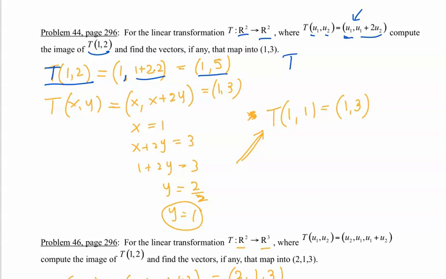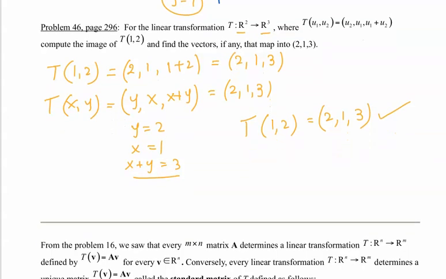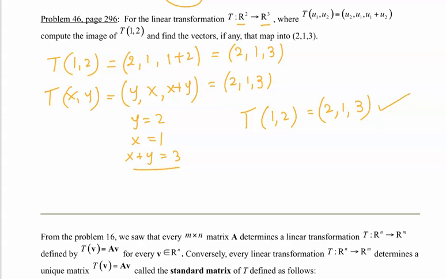Now I need to figure out x, y when the output is (1, 3). By the definition, x should be 1 and y should be 3, so the input (1, 1) gives you the output (1, 3). I'm going a little fast here. You can do it first and then check whether it fits my answer or not. Let me do one more.